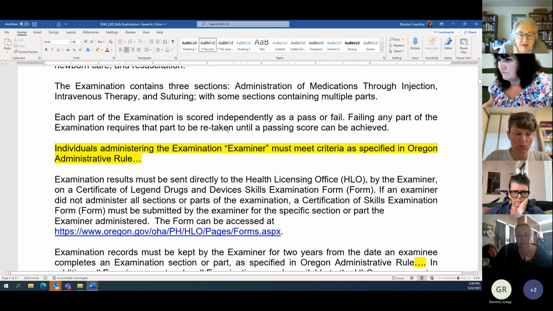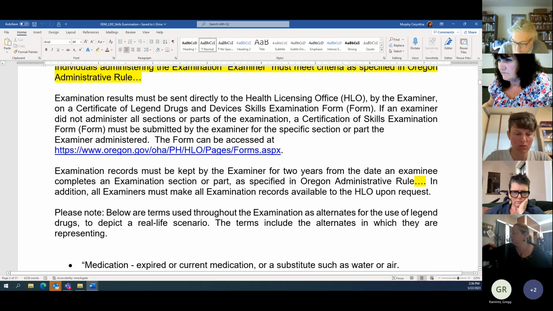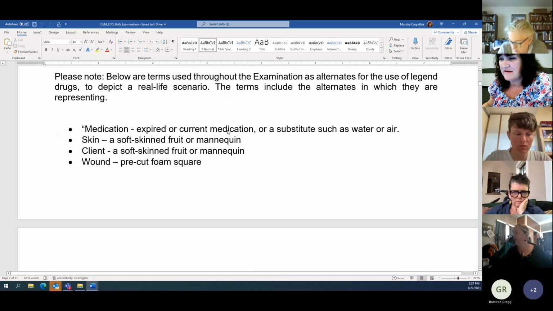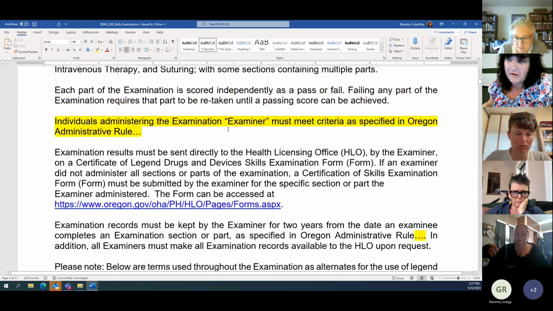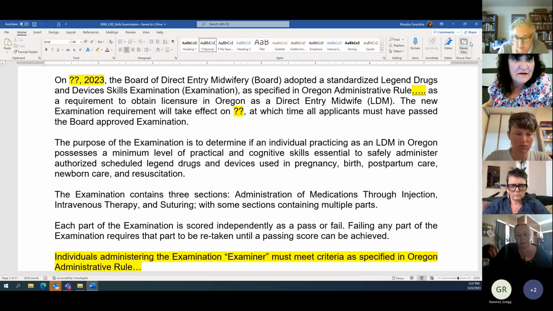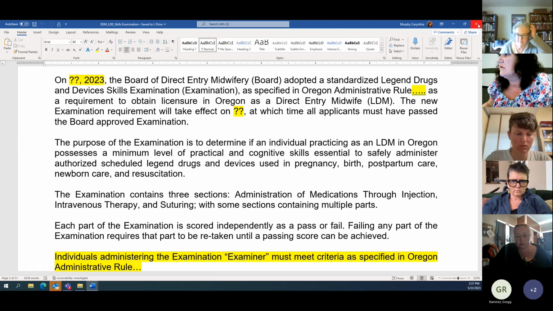It doesn't address it anywhere that I'm aware of, Cynthia. I don't think it addresses it either. Well, we could add that in, that the individual must bring the supplies to perform.